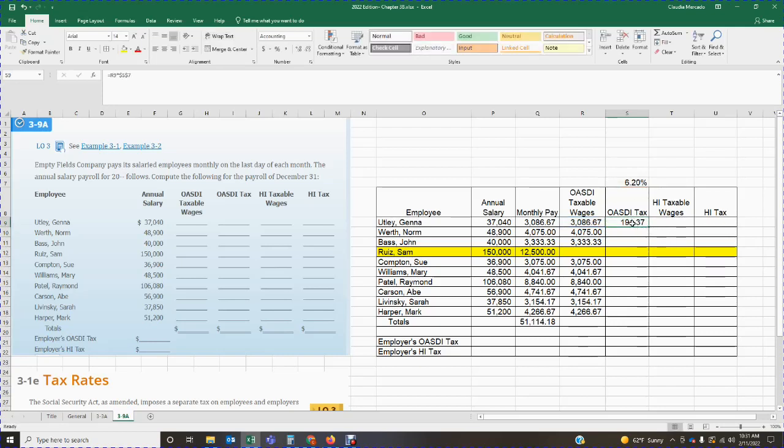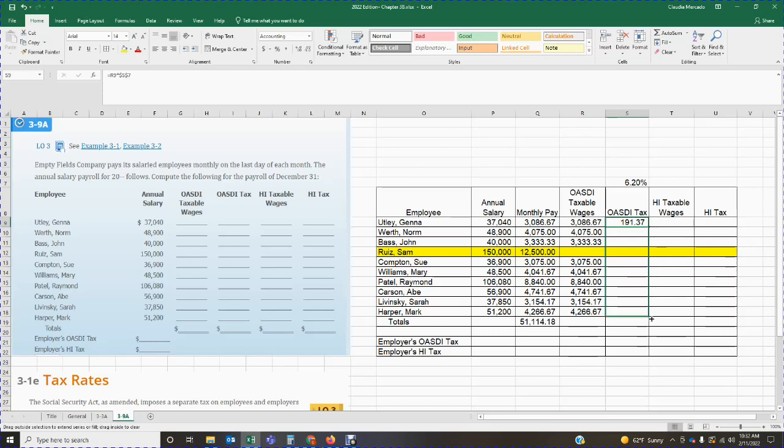If your F4 does not work, it does not matter. You can enter the dollar signs manually, as long as you enter the dollar sign before the letter and the dollar sign before the number. Once that happens, it'll give you the amount of your tax, 191.37, and then you get this little corner, like a little box.